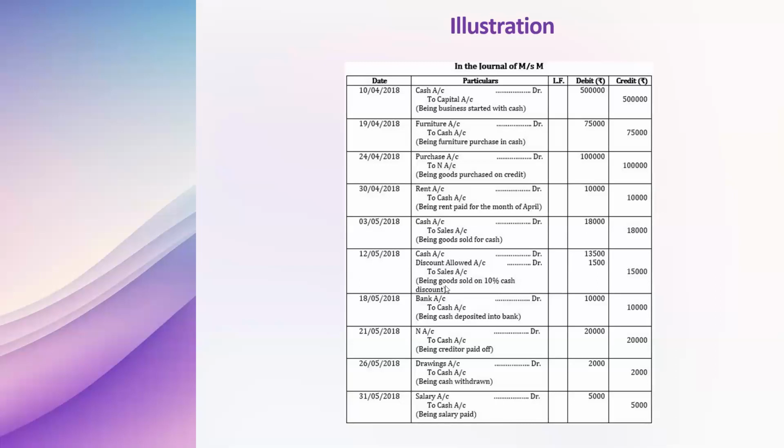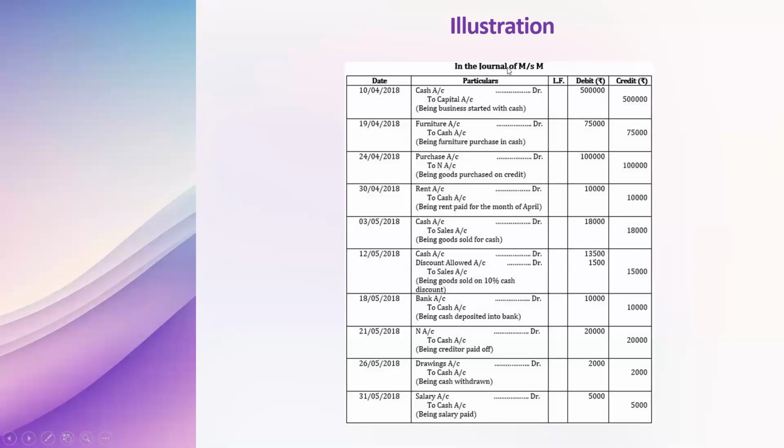Just check the first entry in the slide. Here it is mentioned as cash account debtor to 5 lakhs and to capital account creditor 5 lakhs. Same thing, only the 5 lakhs becomes 2 lakhs.